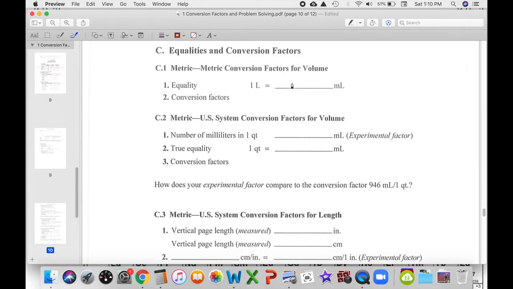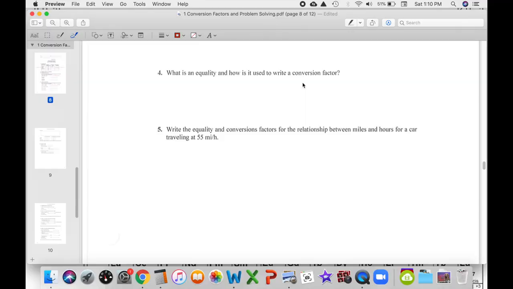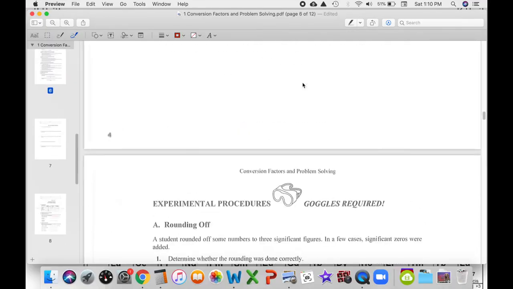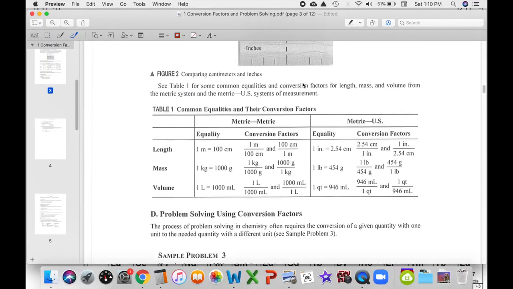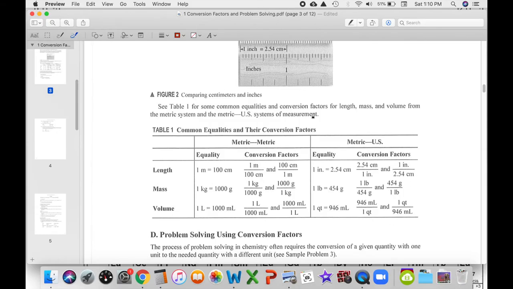For part C1, this one's just from that table. Here, actually, let me scroll up and show you what I'm talking about. If we go back to the pre-lab, they have a table which lists a lot of common conversion factors. For example, 1 liter is equal to 1,000 milliliters. Okay, that's the equality that relates those two quantities.